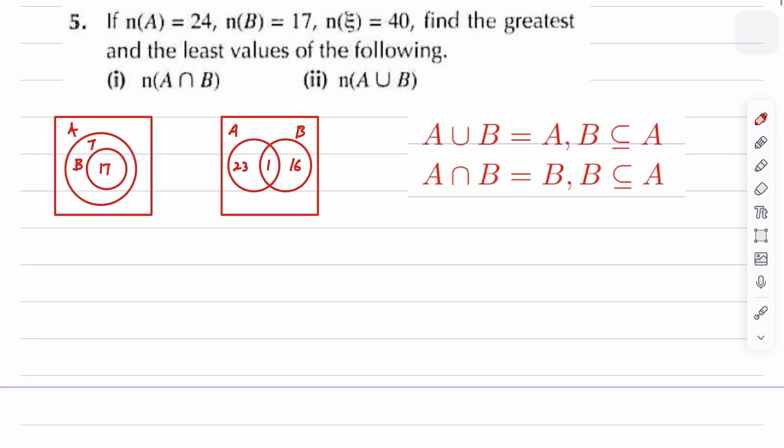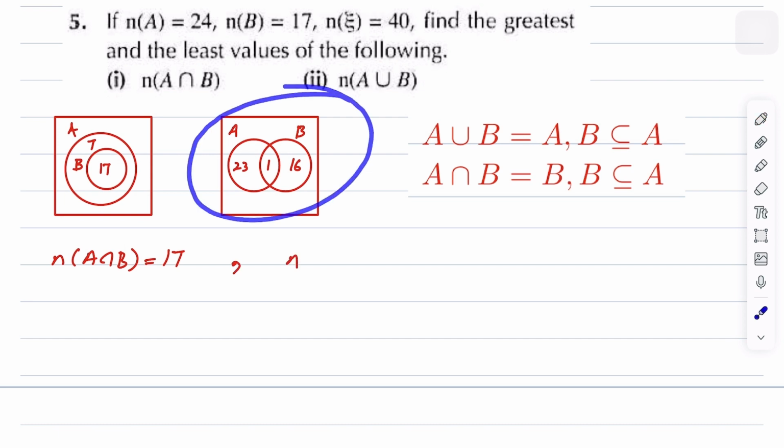Now we will solve it. We have these two possibilities. They are saying find A intersection B. If you consider the first option, you have A intersection B. In this case, you have 17 common elements. On the other hand, if you consider the second possibility, in this case, you have only one element common.